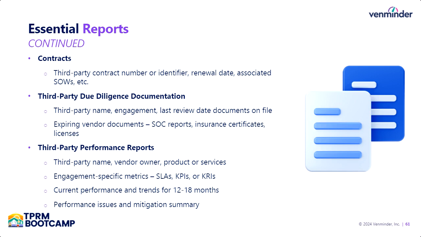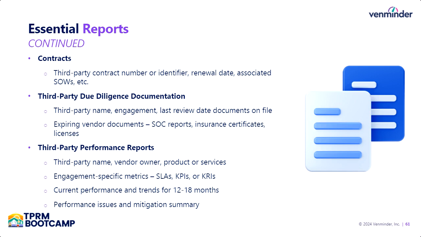We also want to keep track of our contracts. So we do need a good contract report that's going to help us understand what contracts are associated to the vendors, their renewal date, and if there's any associated documentation or scopes of work. We want a list of third-party due diligence documentation that we have on file, and we want to notate if any of those documents expire, like SOC reports or insurance certificates.